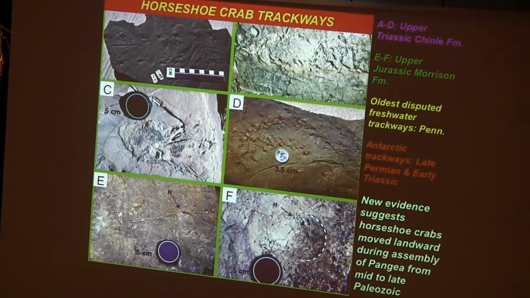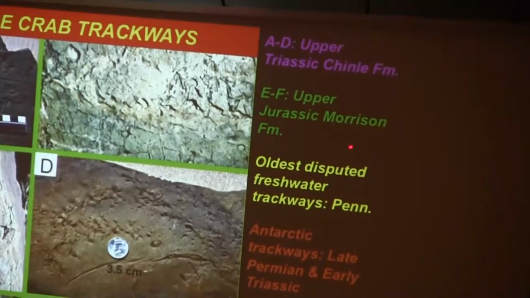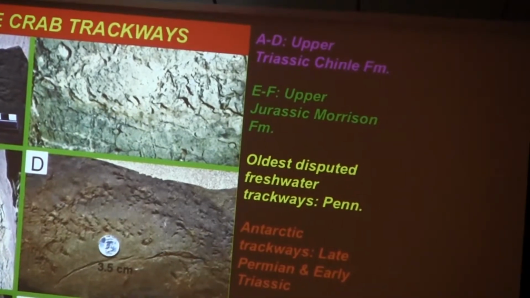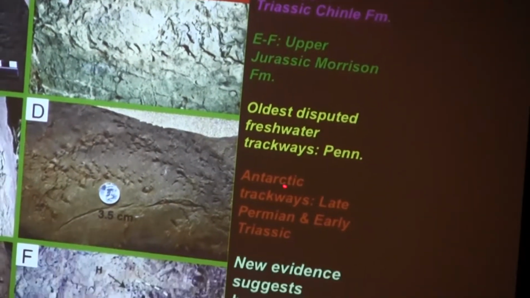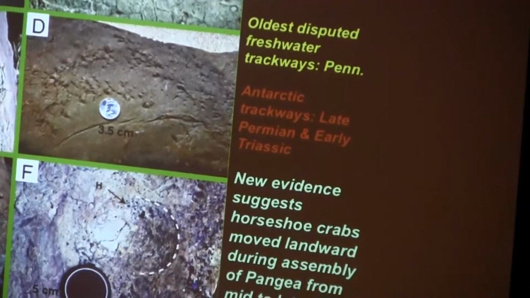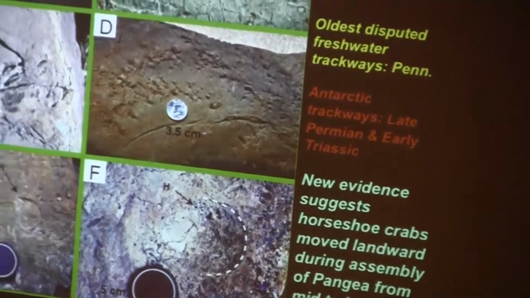So what does all this tell us? Well, the oldest undisputed freshwater horseshoe crab trackways, maybe Pennsylvania. We got things in the Antarctic, at Permian and Triassic. People still argue about these. There's no argument about these.